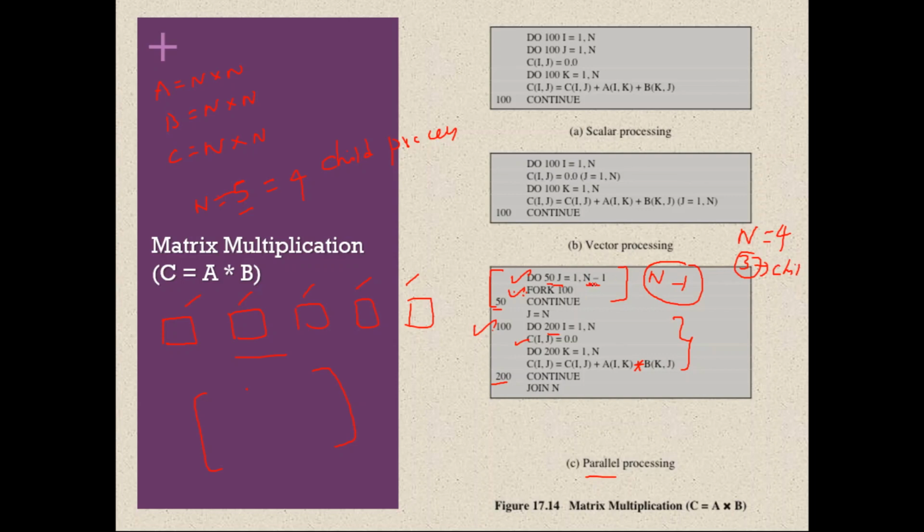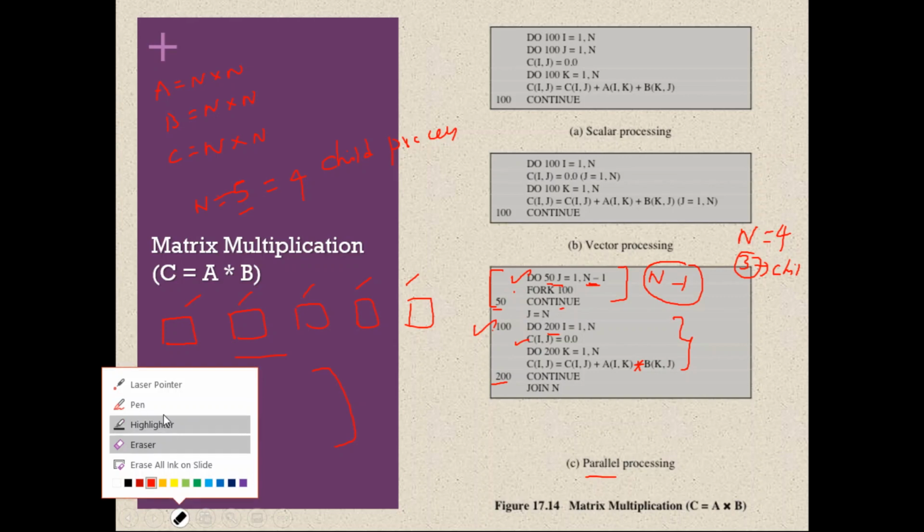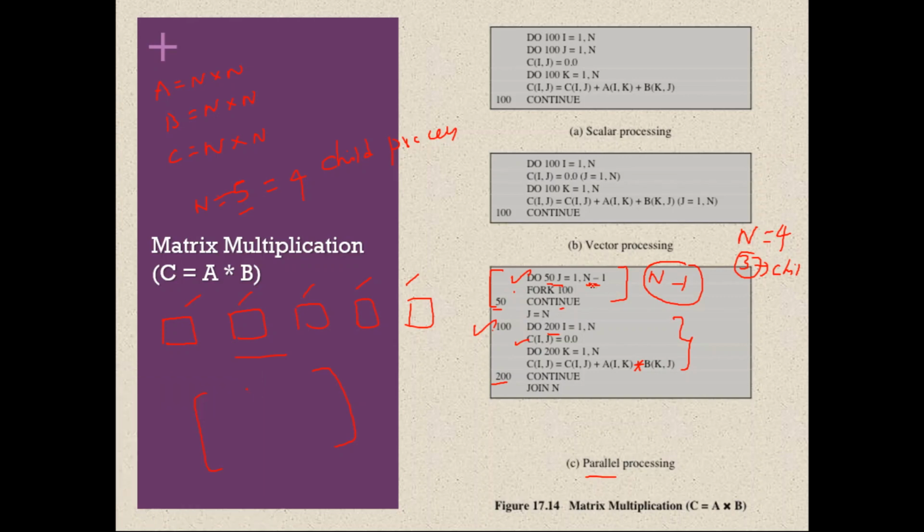After repeating up to n minus 1, control will come down here, and then it will set j equal to n. At that point what will be j? J will be 4, because the outer loop has repeated 3 times, that is, it has gone up to n minus 1, which is 3.